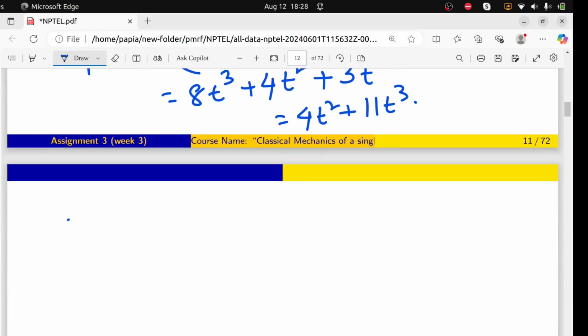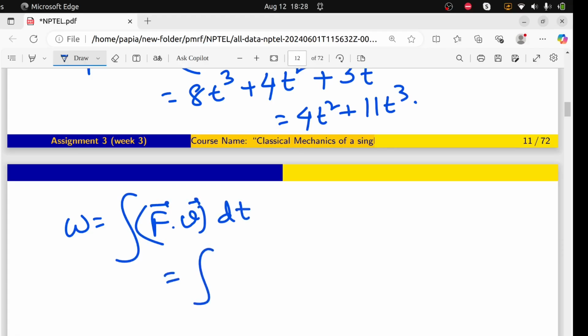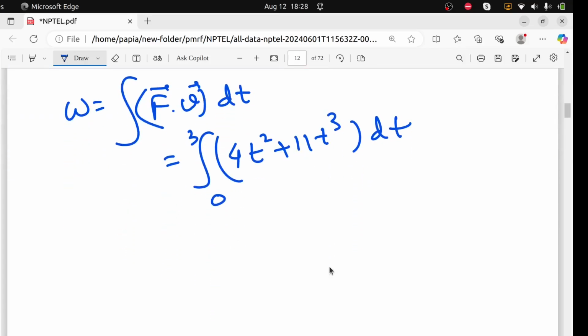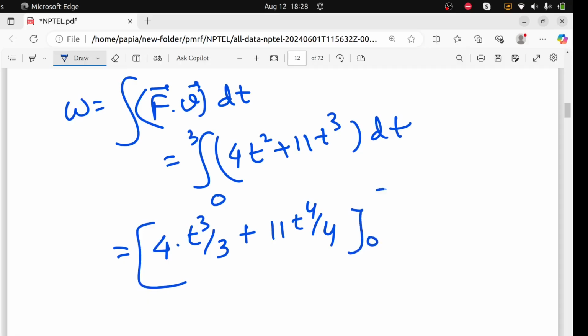So W is nothing but the integral of F dot v dt from 0 to t, and I can write it as the integral of 4t square plus 11t cube dt, 0 to 3. And the answer is like 4t cube by 3 plus 11 t to the power 4 by 4, 0 to 3.